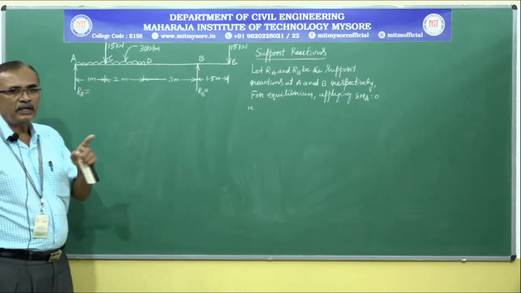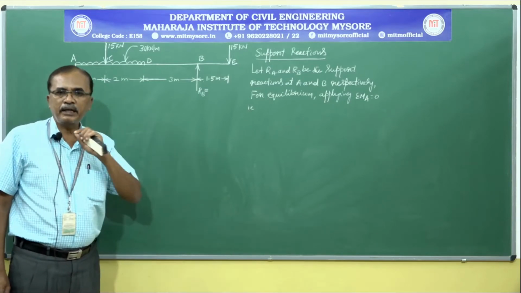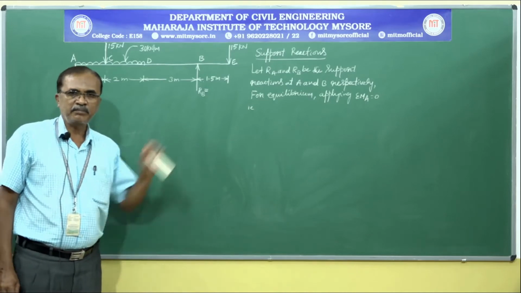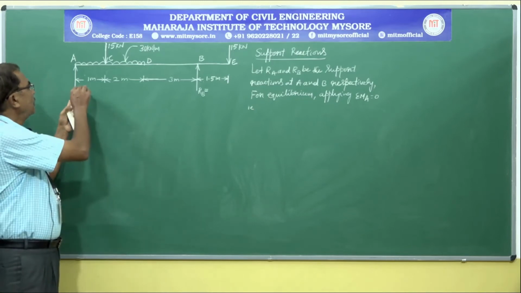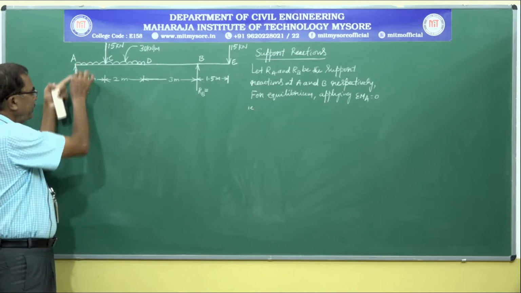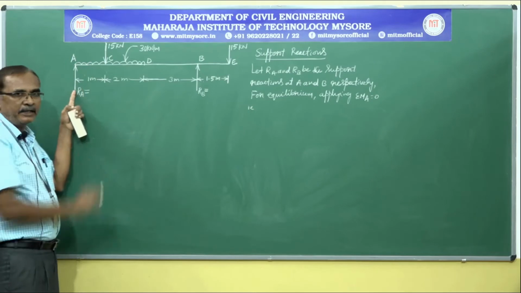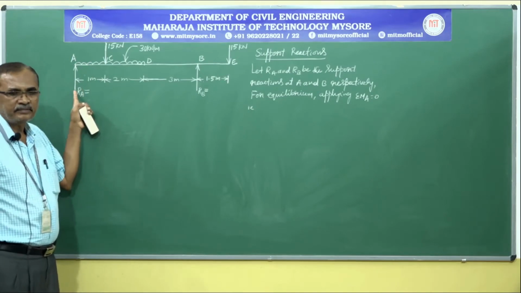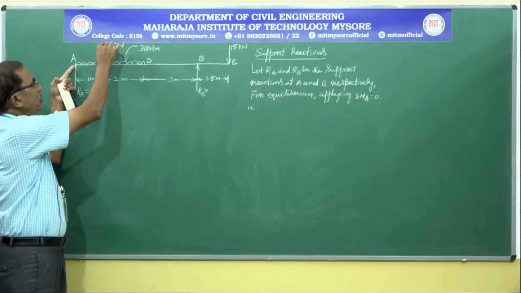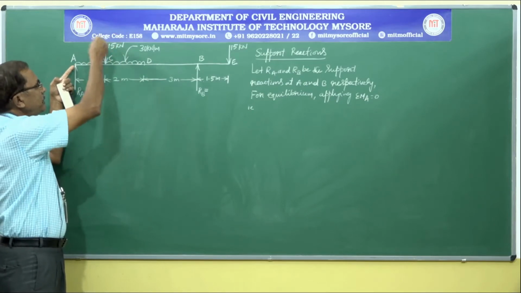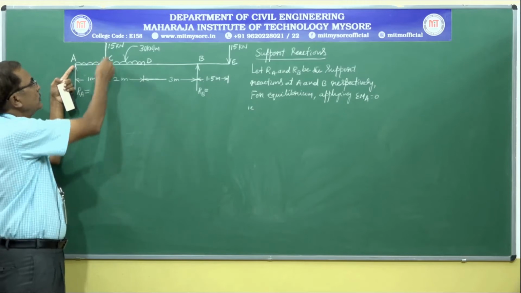The loads which do not create moment will not be considered here for simplicity and to avoid confusion. Here, if you take moment at point A, moment due to RA at point A is 0 and we are not writing it.